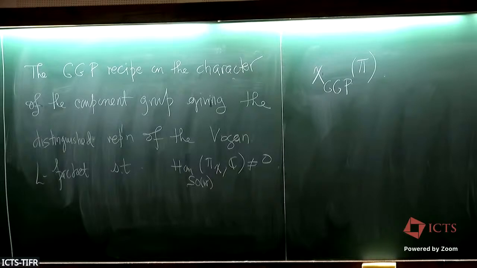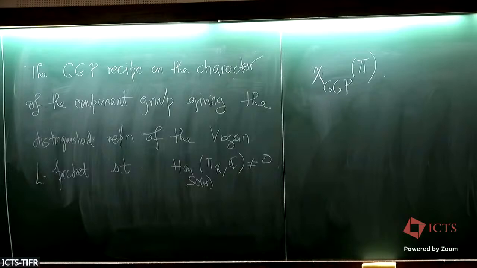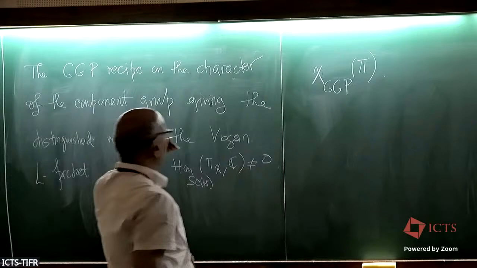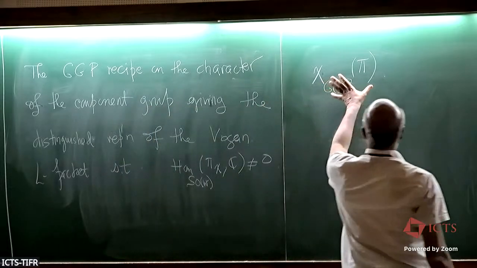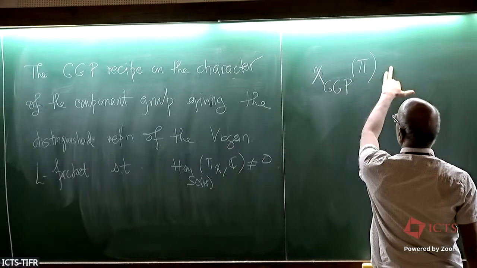The representation pi_chi is a representation of G, which is SO(V) cross SO(W), and it has an invariant linear form for the diagonal SO(W). That is the weak GGP. You want to construct that character chi. So this chi_GGP of pi is a character on the component group C_phi.